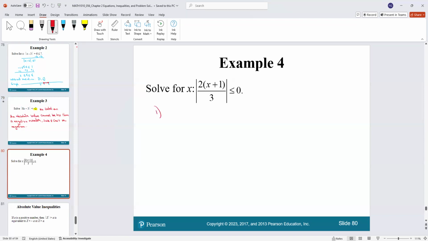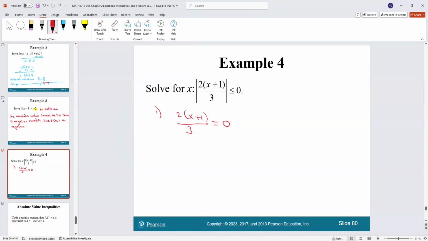I don't need to do 2x plus 1 over 3 less than 0, because that doesn't make any sense. So I can just say it's equal to 0, because it cannot be less than 0. It may be equal to 0.